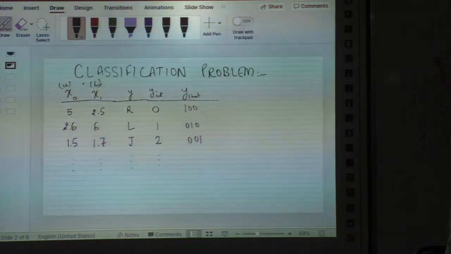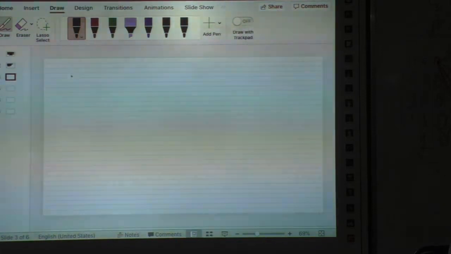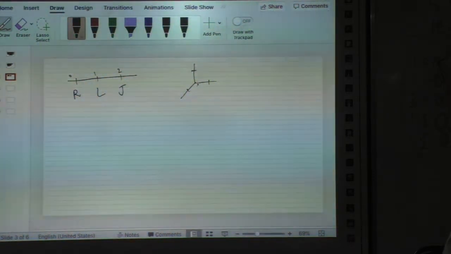Let me explain. In linear ordering, if you put your rose, lotus and jasmine as 0, 1 and 2, then this means if something is somewhat like jasmine and somewhat like rose, then it must be a lotus. That is not true. But in our one-hot encoding, we have 3 axes, y0, y1, y2.